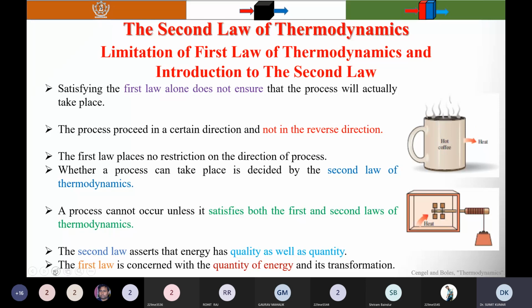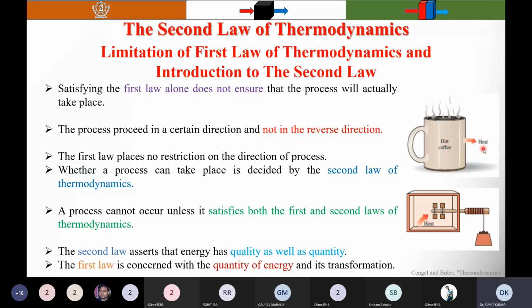You know that energy transfers from the hot coffee to the surroundings, but the reverse is not possible. This is what the second law of thermodynamics tells you.